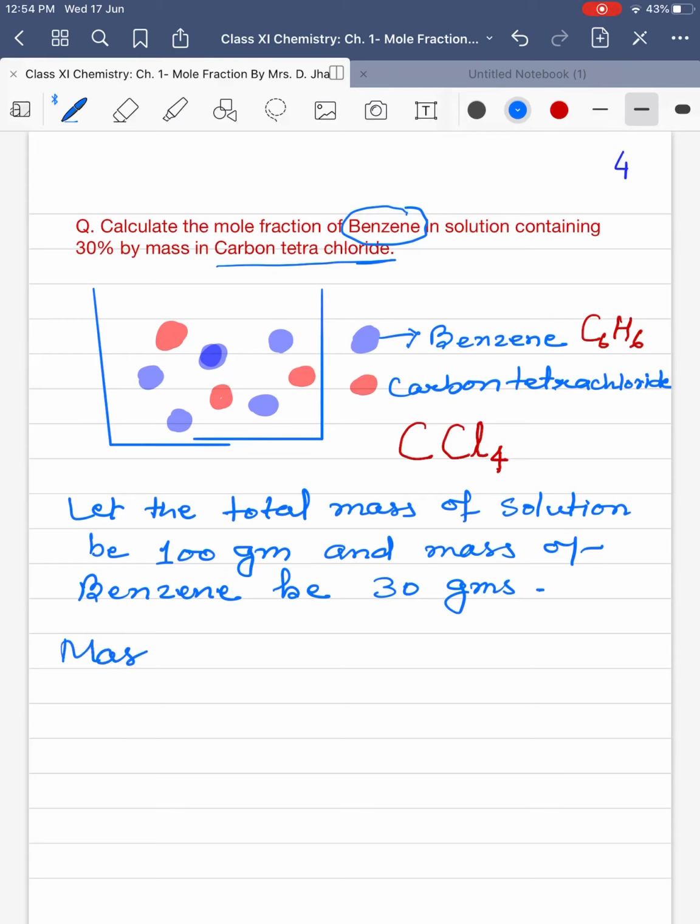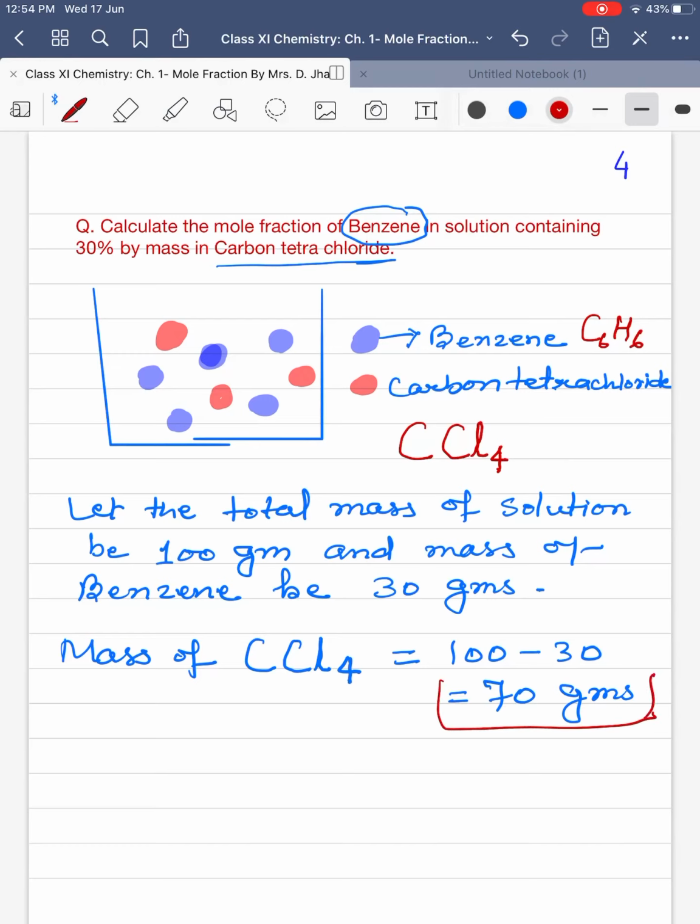Mass of carbon tetrachloride is equal to 100 minus 30 is equal to 70 grams. This is the mass of carbon tetrachloride.